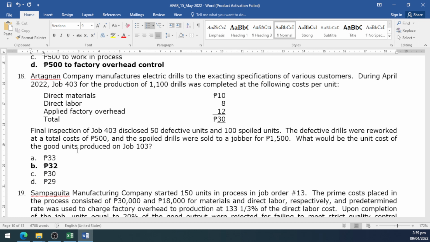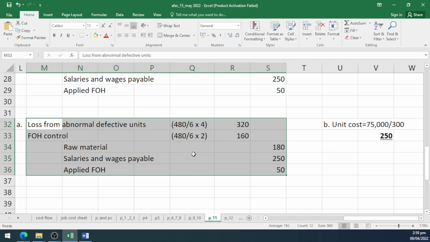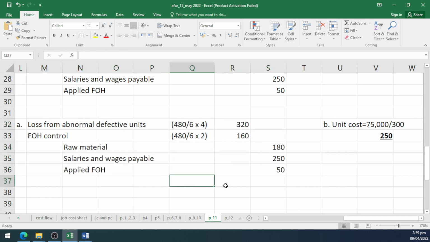So, plus 500. Yung 1,500 naman, i-credit natin sa work in process, so minus 1,500. Ang total cost of this job is 32,000, consisting of 1,000 units, kasi 1,100, spoiled yung 100. Tanggalin sa units. Yung 50 na defective na rework, good units pa rin yun after reworking. So, 32 per unit. Yan, that is for normal, abnormal, spoilage, and for rework.